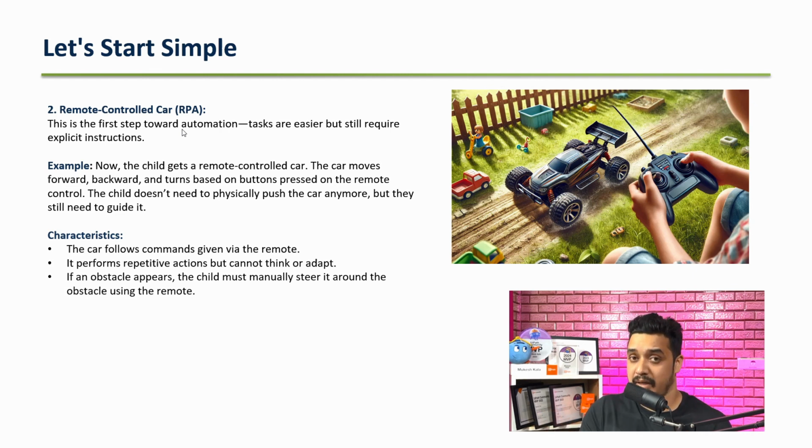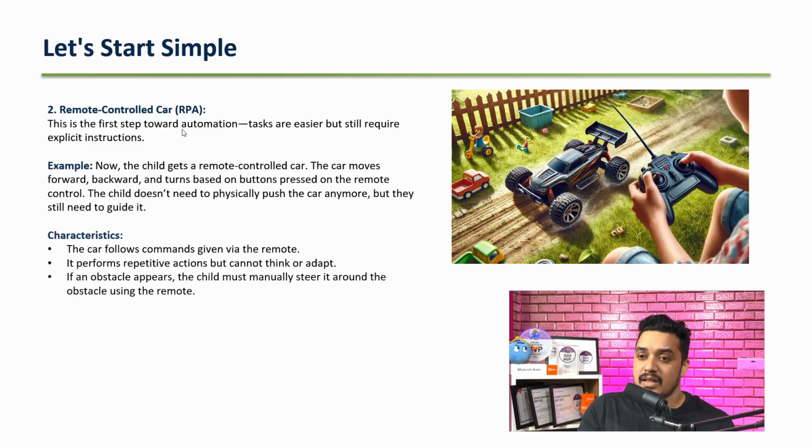What does it mean? For example, if I have the remote control car and I am moving it forward and suddenly there is an obstacle coming in front of the car, it cannot understand, right? I as a person have to drive the car back from the obstacle using this remote and then change the direction.